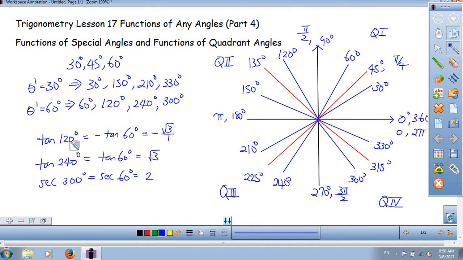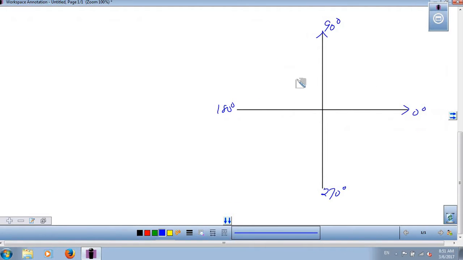Again, that's how we can relate every angle in this kind of relationship back to the first quadrant, 30, 45, and 60, using the reference angle relationship and the signs of the quadrant. Alright, let's go on a little bit from here and look at the quadrant angles before we finish today. So what are the quadrant angles?